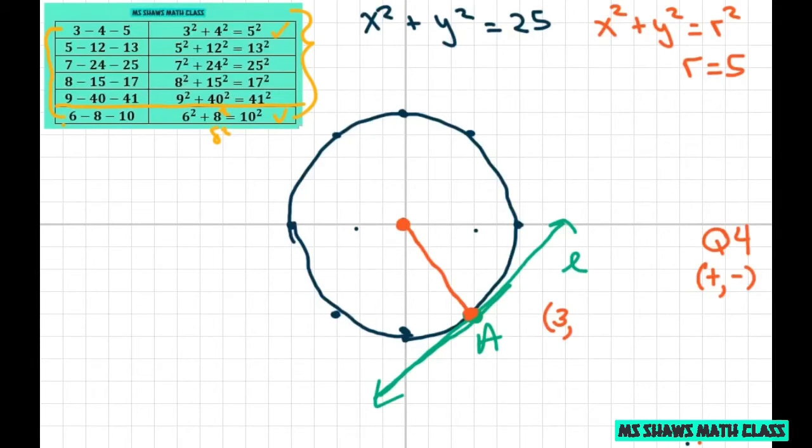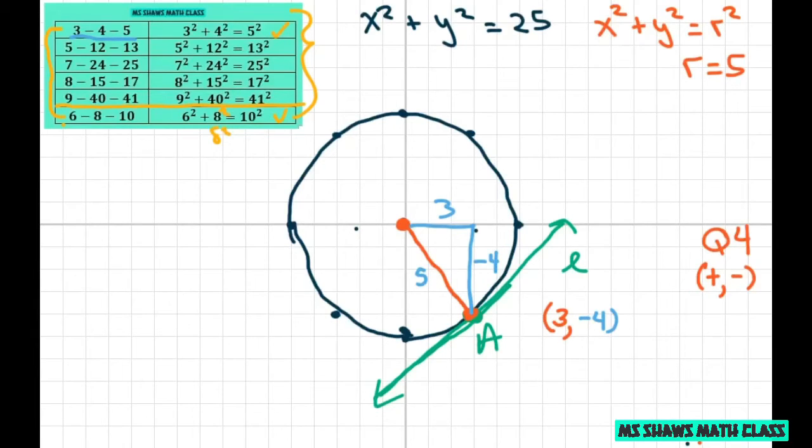So if you know you have a 3 and a 5, then you know that this has to be 4, because that's a 3, 4, 5 triple. In our case, since we're in quadrant 4, it's going to be negative 4.